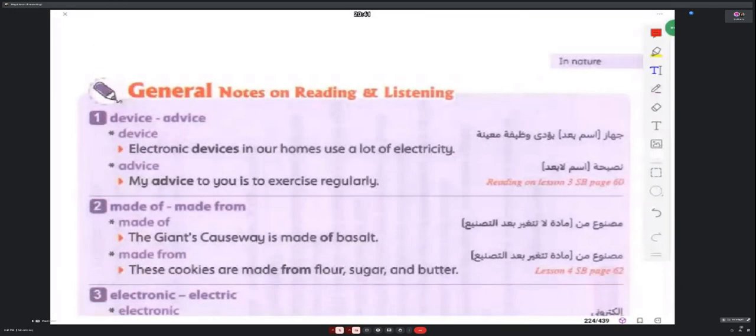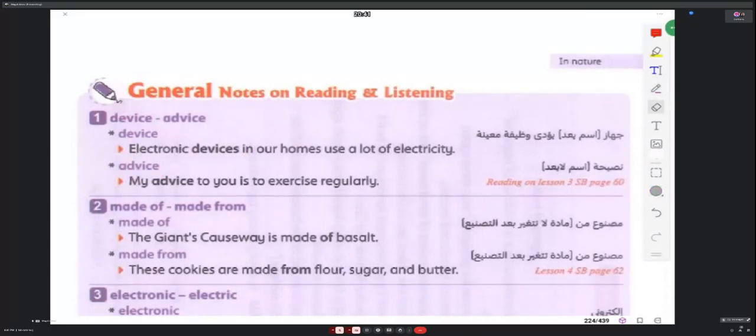Device, advice. Device means an electronic device, or an appliance, a piece of equipment, جهاز. Advice is uncountable, device is countable: devices.